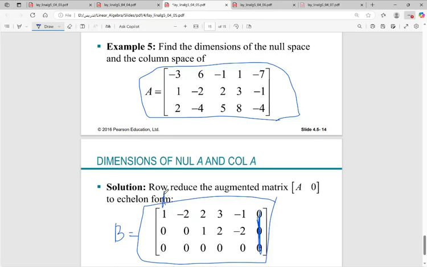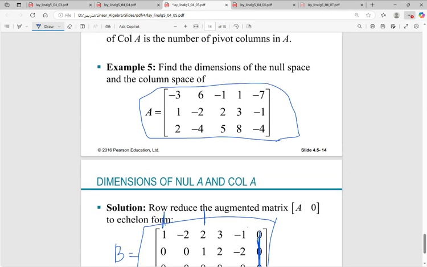Column number 1 is pivot. Number 2 is not. Column number 3 is pivot. Number 4 is not. Number 5 is not.